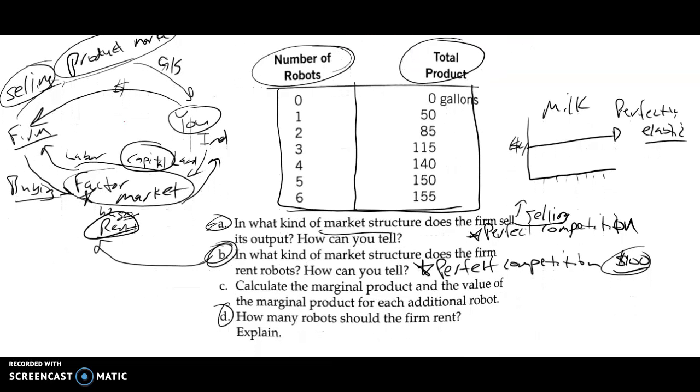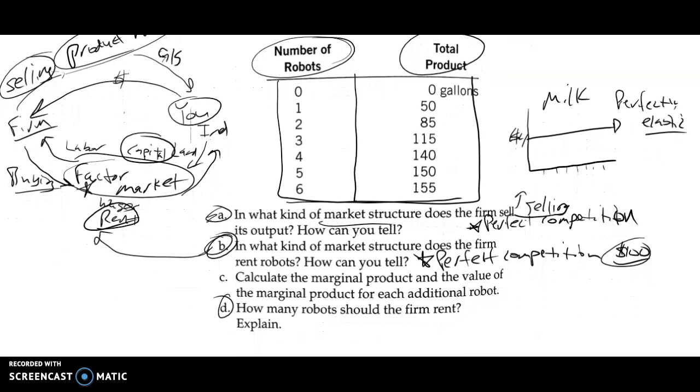The next one asks us to calculate the marginal product and then the value of the marginal product for each additional robot. So for this one, we want to calculate a few things, and we're going to add more columns to our chart to fully calculate what we're doing.